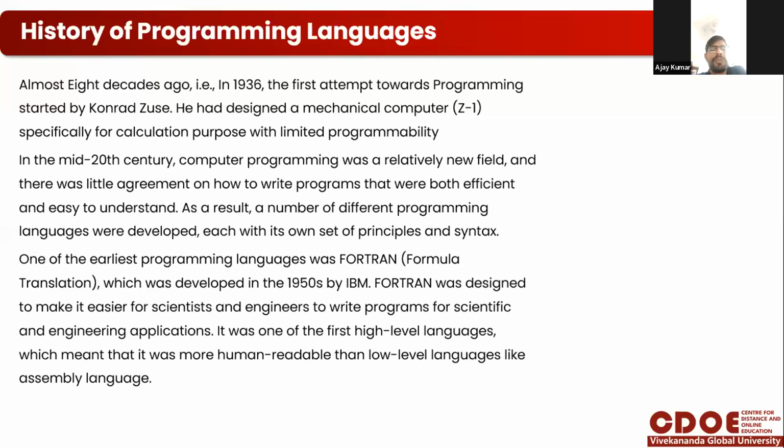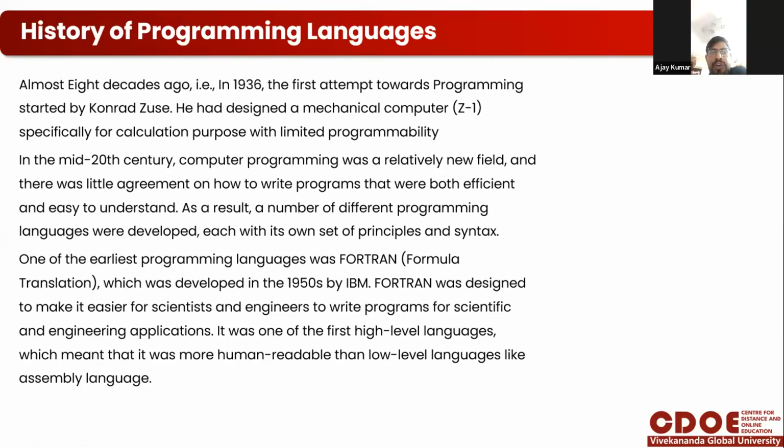The history of programming languages goes back almost eight decades, approximately 1936, when people started working on how to design a program. The concern was started by Konrad Zuse in the mid 20th century, and programming languages came into use in new fields like business and science.